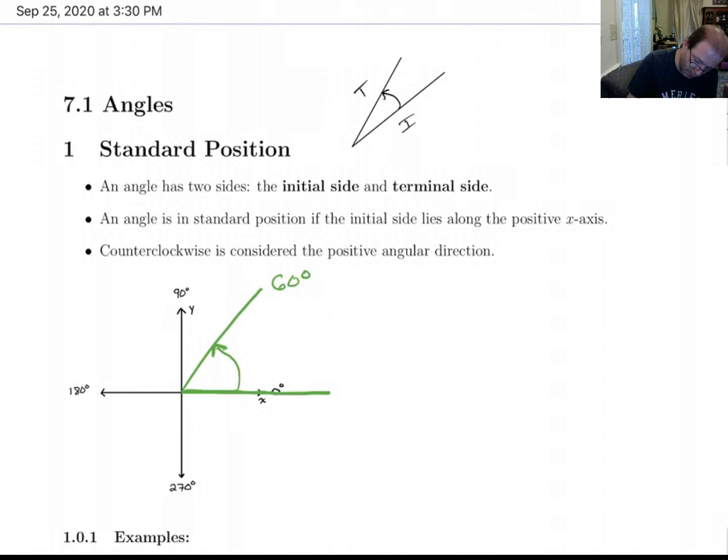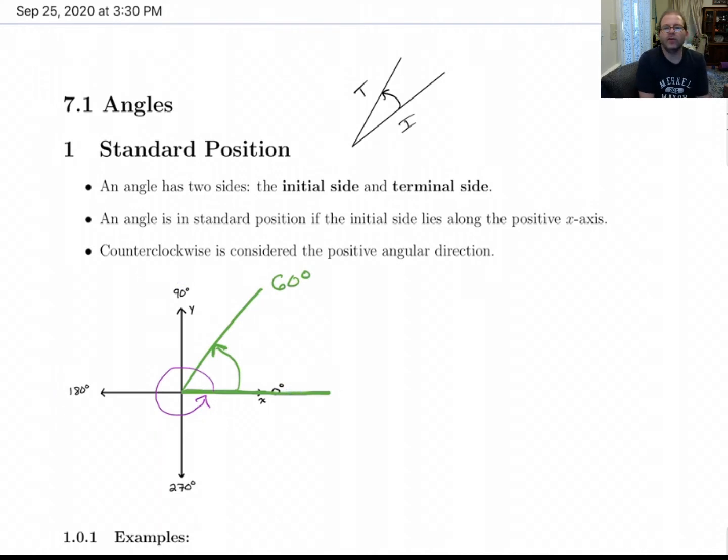And as we go around the plane, the angles increase. So we get 90 degrees straight up, 180 degrees this direction, and 270 going down. Now, this is the standard way of writing out the angles with 0, 90, 180, and 270.